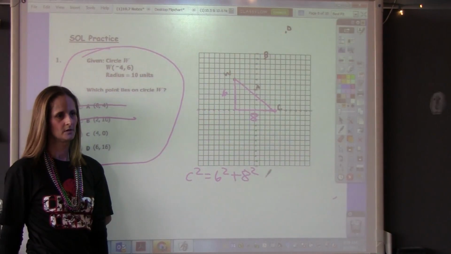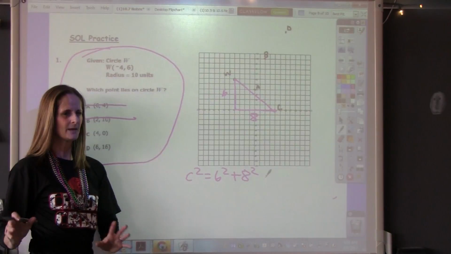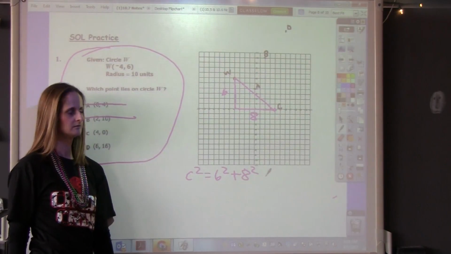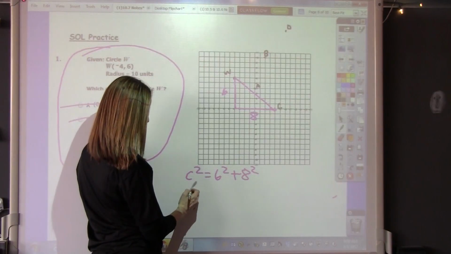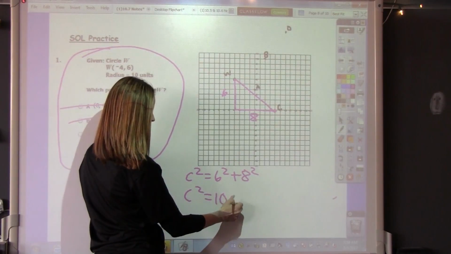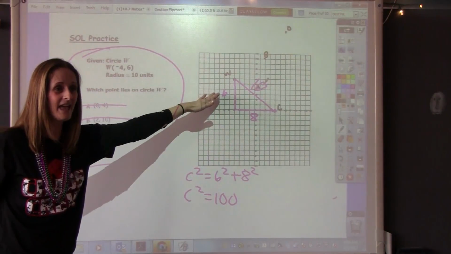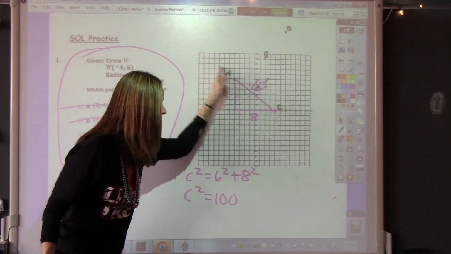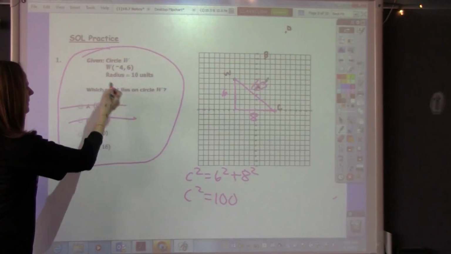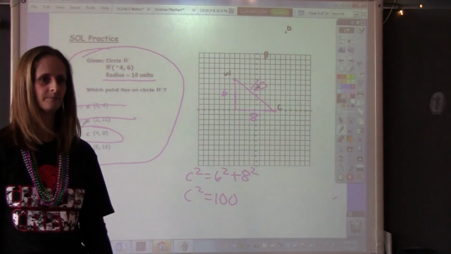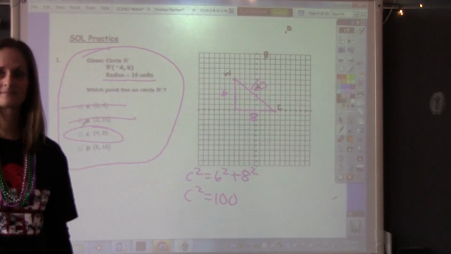If you know some of the basic Pythagorean triples, 3, 4, 5, 6, 8, 10, C is going to end up being 10. The radius is 10. C is 10 units away from W. Done. It's C.